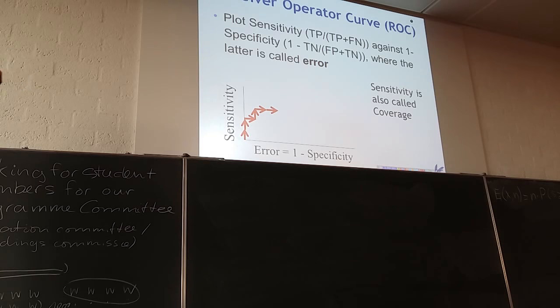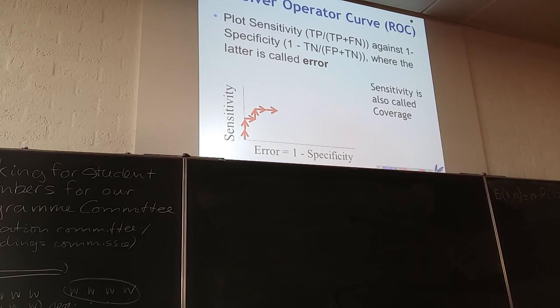Now, most of you have seen ROC plots a bit, right? And this is how you build them, right? So you plot sensitivity or true positive rate versus specificity, or 1 minus specificity to be precise, also called error, or false positive rate.